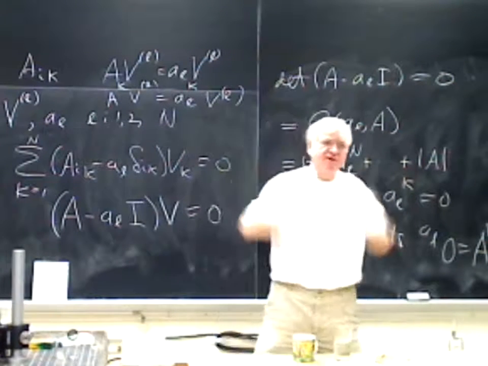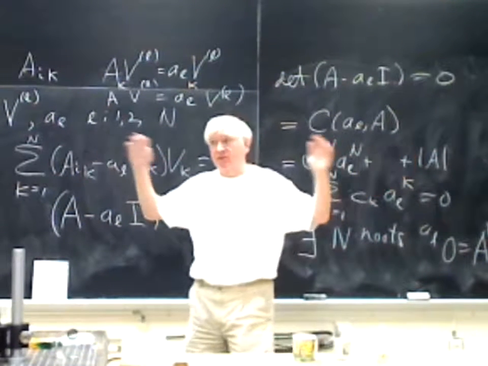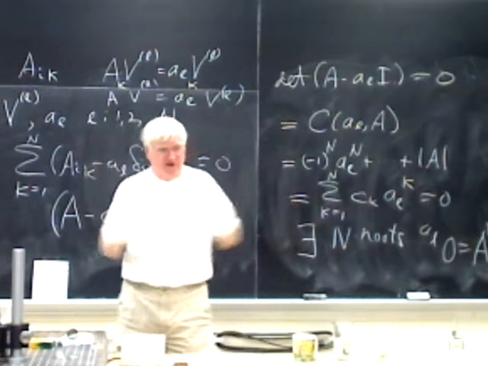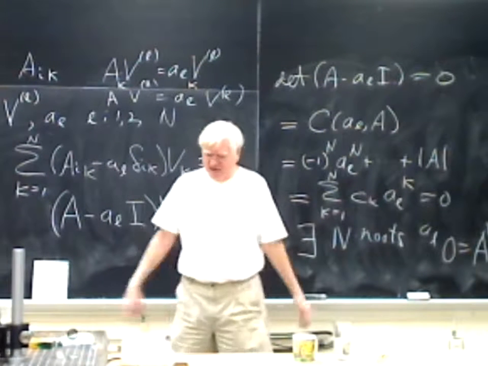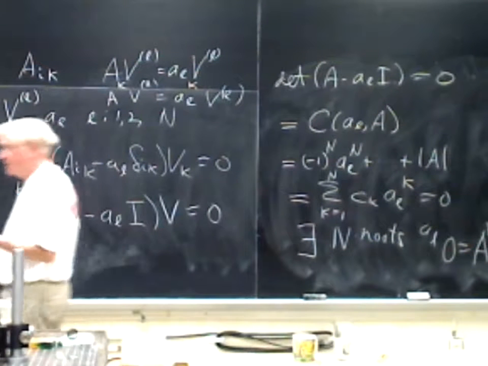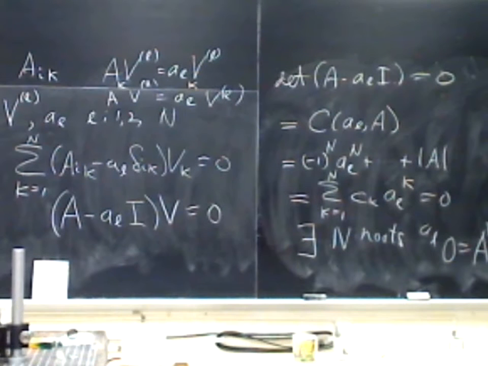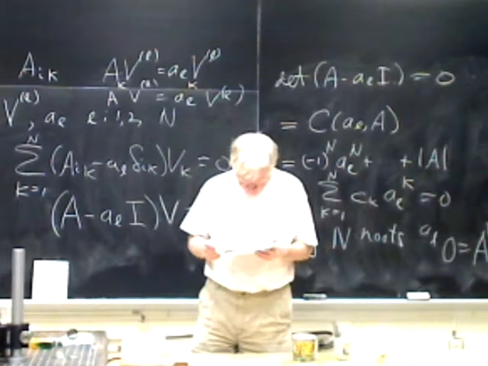But as you go up, you have different values of L, and for each L, all 2L plus 1 values of m have the same energy. All the different L values have the same energy, and so you have a great deal of degeneracy. So degeneracy is a problem that we face in physics because we like to deal with simple systems, and simple systems have symmetry. And the hydrogen atom is a good example of that.